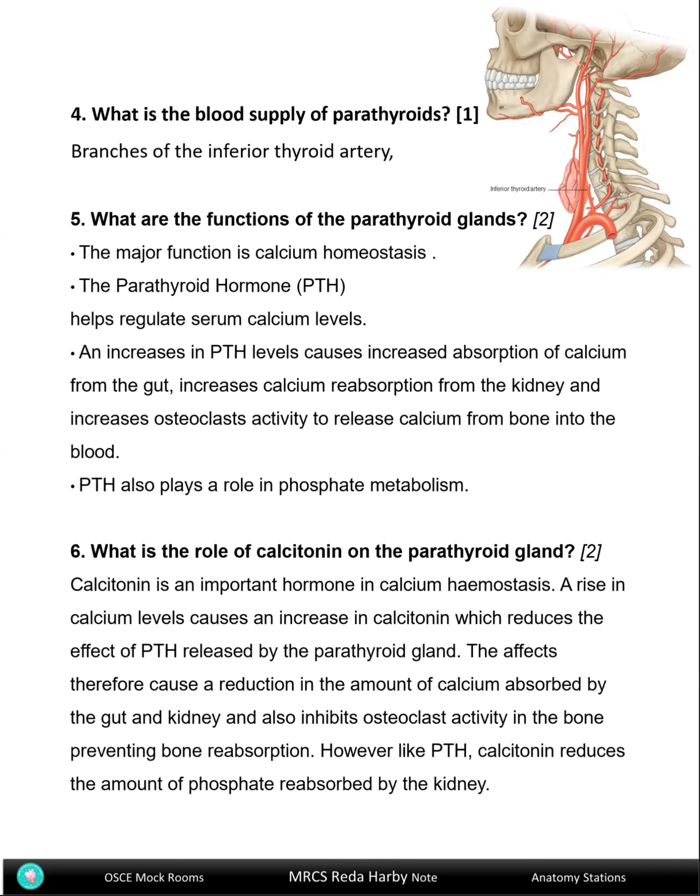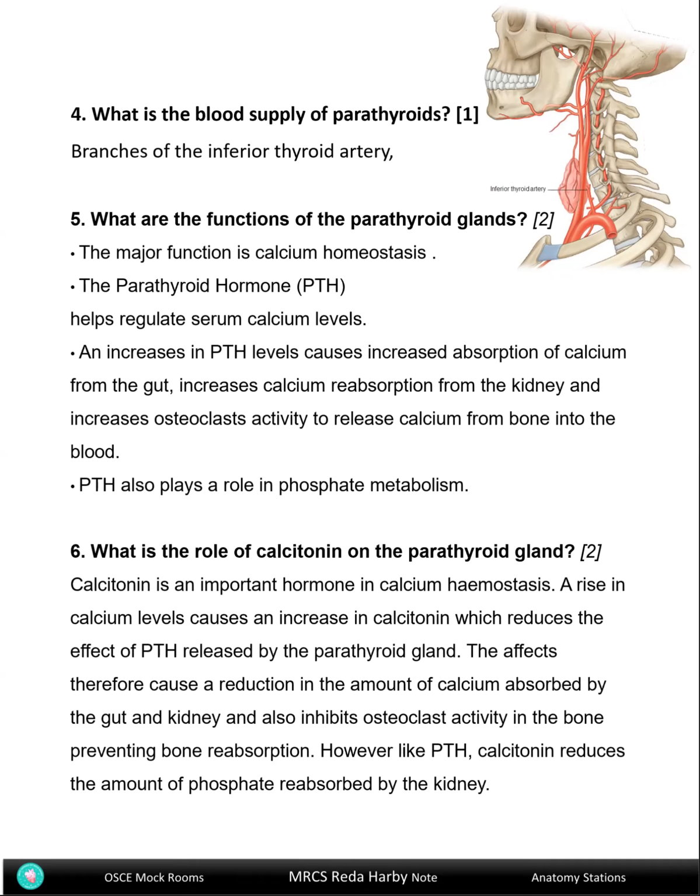Then once the calcium increases, this will stimulate the calcitonin release, which will say, okay, I will try to reverse your action: I will reduce the calcium absorption from the gut, calcium reabsorption from the kidney, and bone resorption. And also, I will be with you because I hate phosphate like you. So I will decrease phosphate reabsorption from the kidney as you do. Excellent.